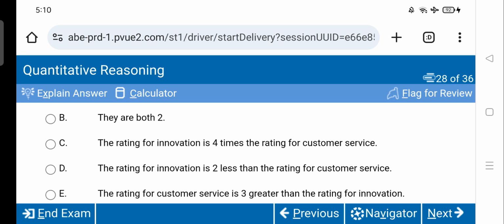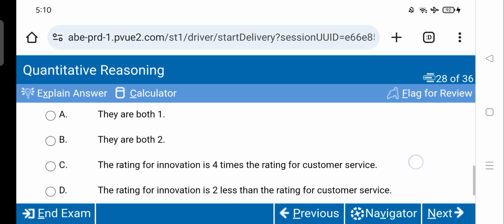Option D, the rating for innovation is 2 less than the rating for customer service. Option E, the rating for customer service is greater than the rating for innovation. So let's see which one is the correct option.